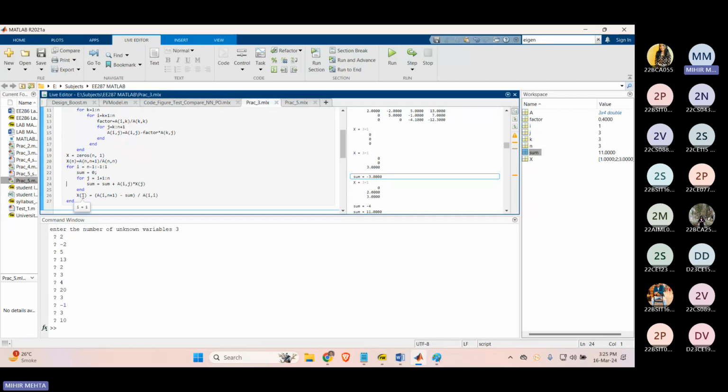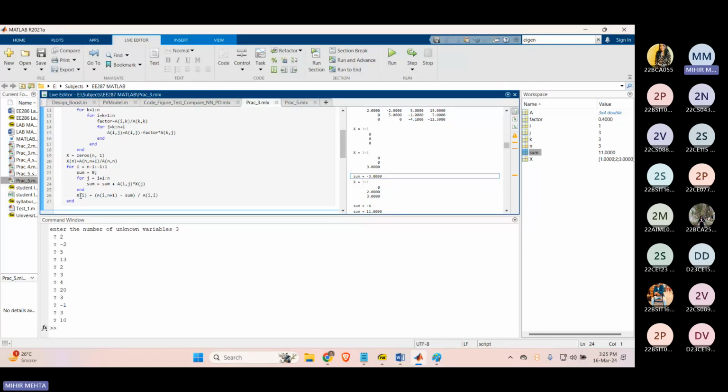So x2 would be found out. So that would be a of 2 comma 4 minus sum, which is minus 3, and that is further divided by a of 2 comma 2. So once you do that, you finally get the value of x2, which is nothing but 2.